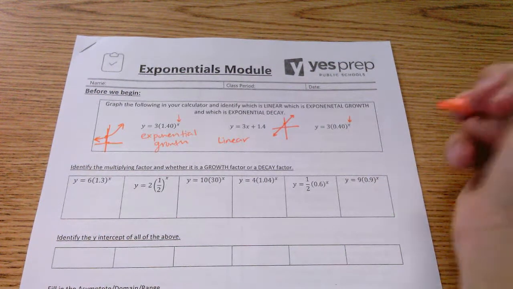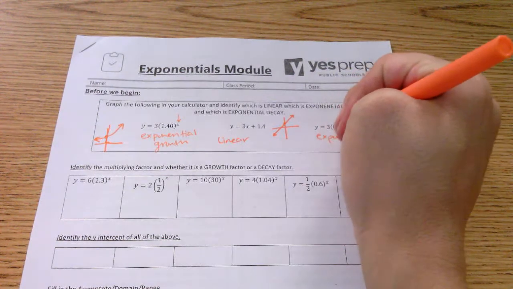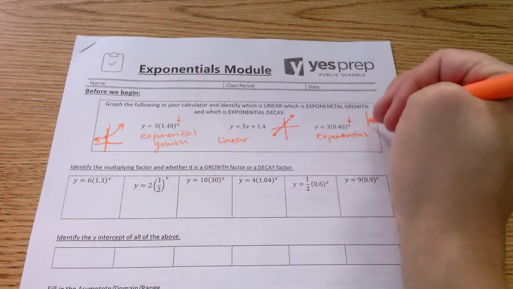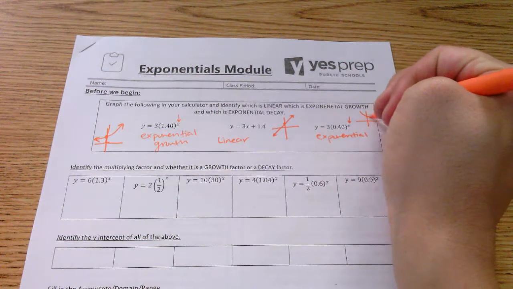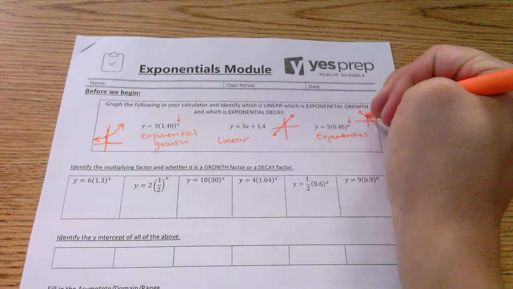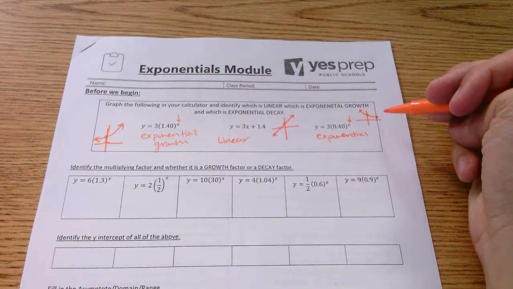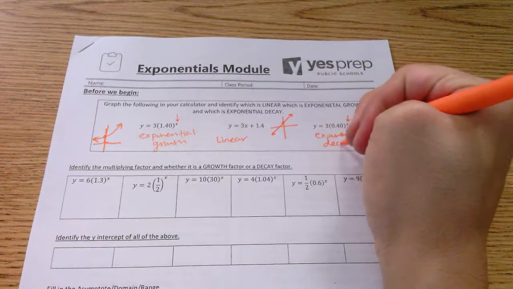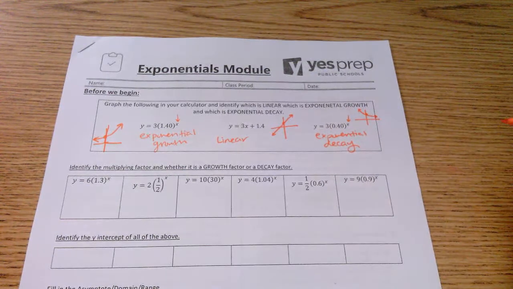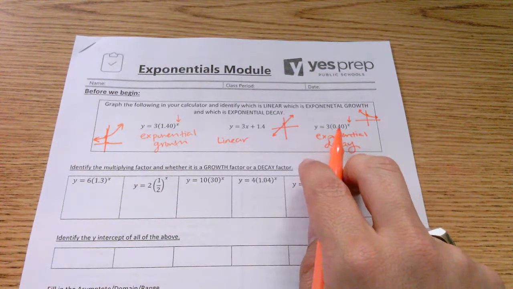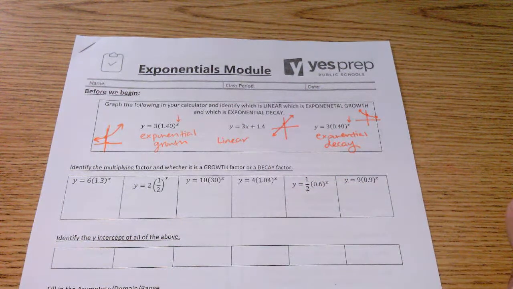So before I graph it, I know it's exponential. When I graph it on a calculator, I can see that it looks like this. It starts high and goes low, curving, which means it's likely exponential decay. This 0.40 is smaller than 1, so it's a decay function.